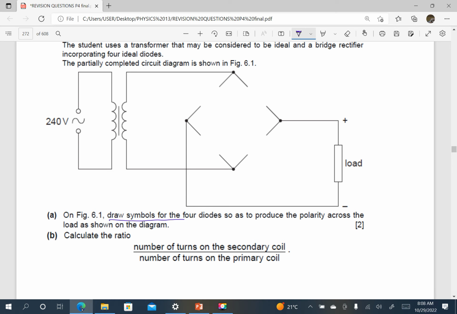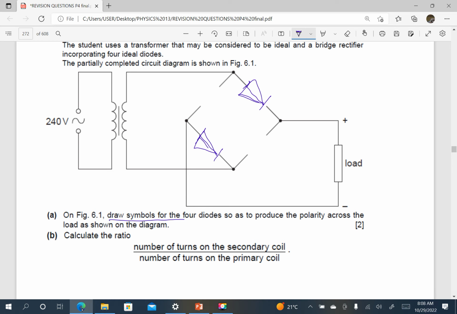So we want the upper terminal to be positive, so this diode must therefore conduct. This diode must be conducting, and it will be parallel to this one. If this diode conducts, this one should also be conducting.